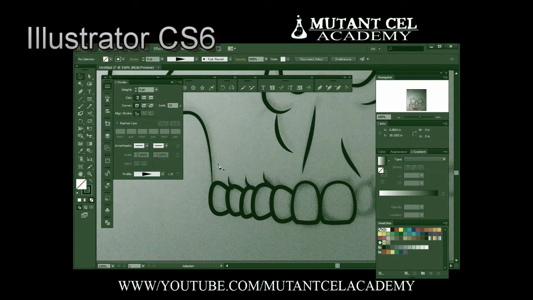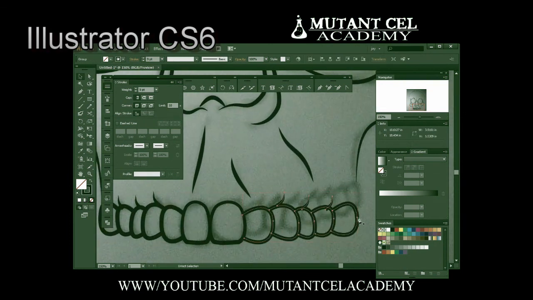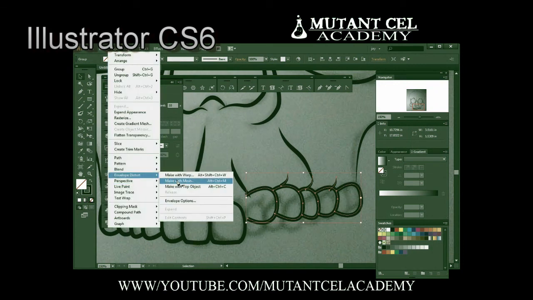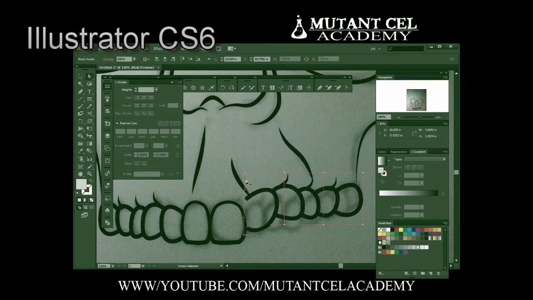Like the teeth are simple ellipses, but they're in the shape of teeth. So that's one of the teeth. But see, right at this point, I realize that there's more teeth on this side than what I thought. So I use an envelope distort to stretch the teeth out and put them in the right position.